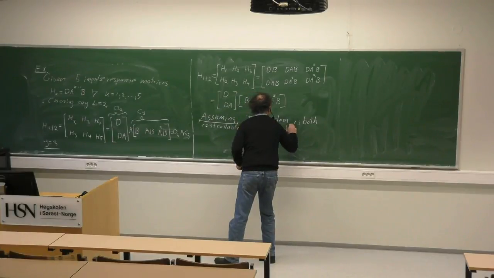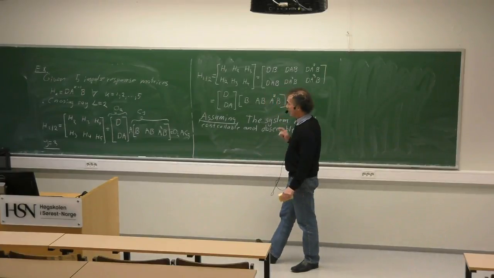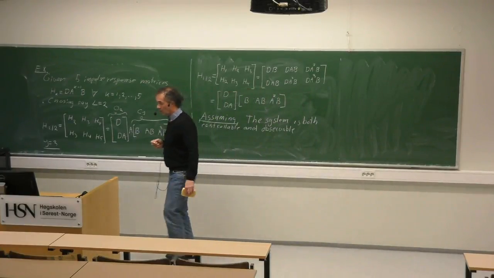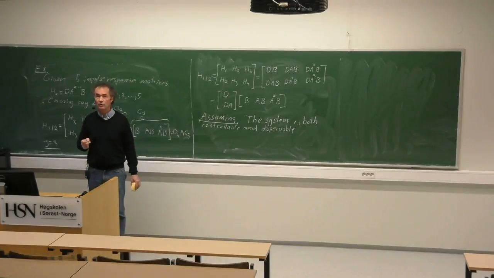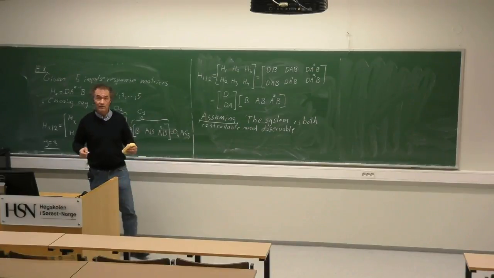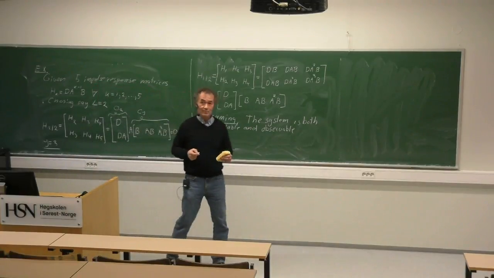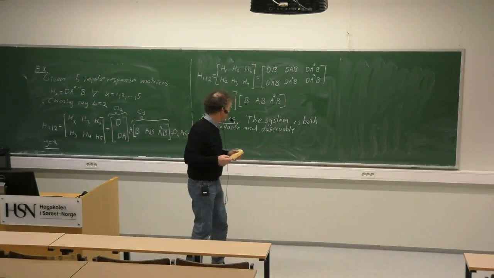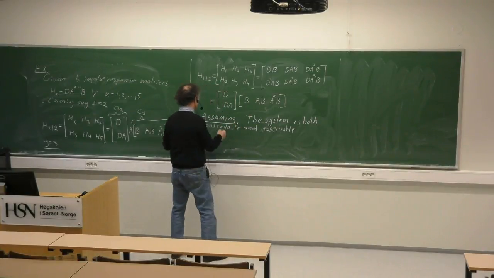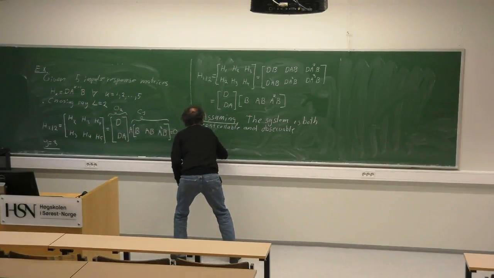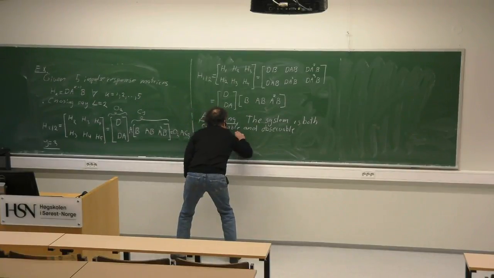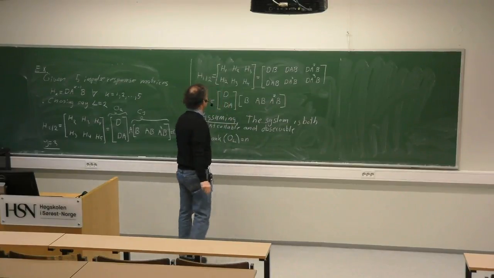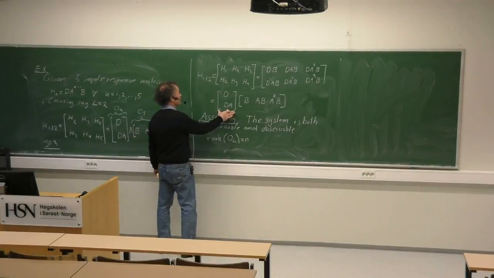This means that the rank of the observability matrix is equal to the system order n, and then the system is observable. And if the rank of the controllability matrix is n, equal to the system order, then the system is also controllable. So then, by this assumption, we know that rank O_L equal to n. And this is the observability matrix.